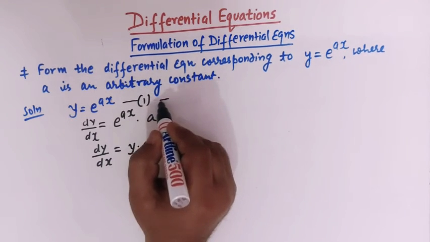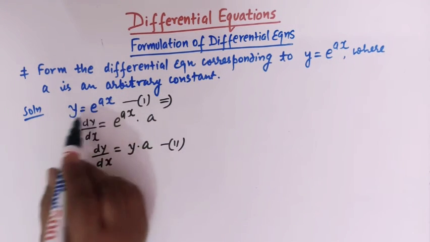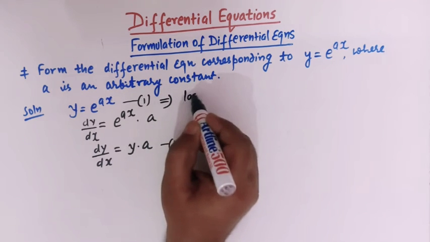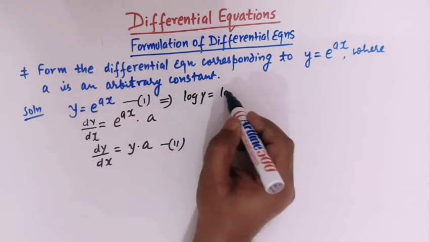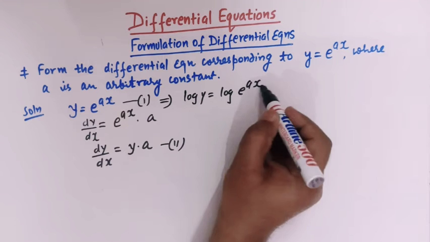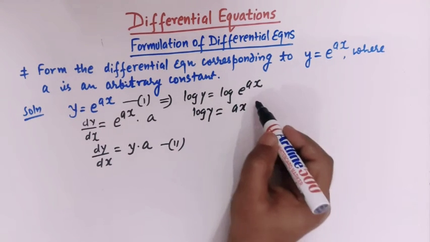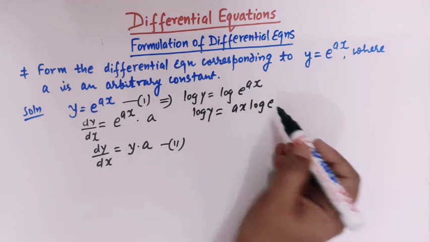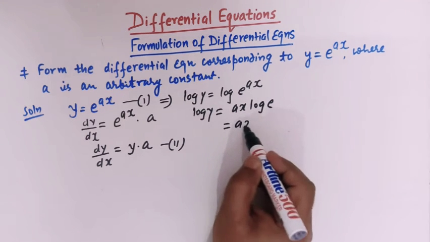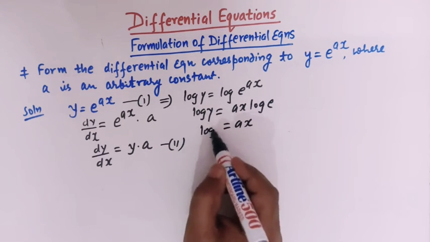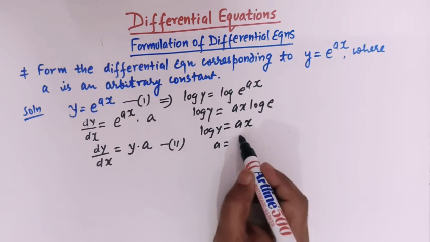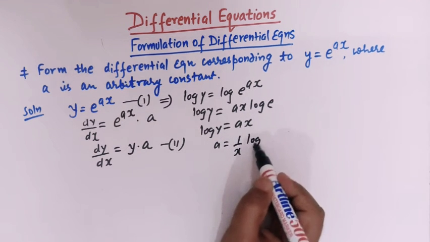Now from equation 1, if we take the log of both sides, we get log y is equal to log of e raised to ax, which is ax log e, and the value of log e is 1, so we have ax, right? So the value of a is 1 over x log y.